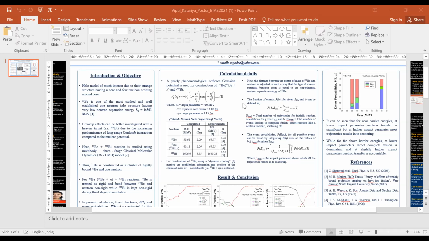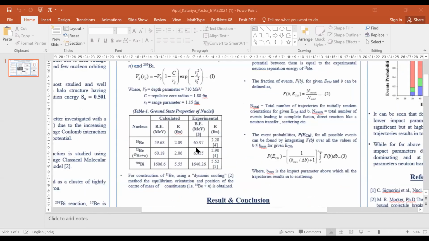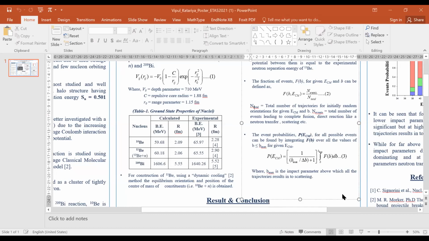And the ground state properties of the generated nuclei are tabulated in Table 1. Here, we can see that for the construction of beryllium-11, we have used a dynamic cooling method, which is mentioned in reference 2. In this method, we have tried to find the equilibrium orientation and position of the center of mass of the constituents of beryllium-11, which are beryllium-10 and a neutron, and such equilibrium orientation and center of mass position have been obtained.